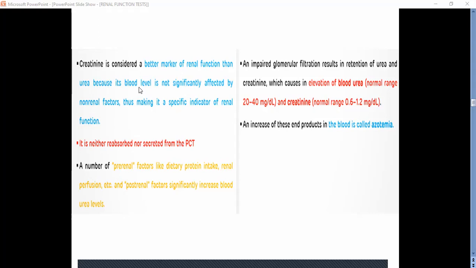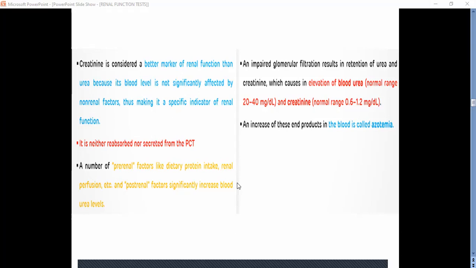Creatinine is produced from muscle creatine phosphate, and after its formation, it is completely released into the urine. But urea is somewhat affected; if there is any metabolic defect, there is excess production of urea.